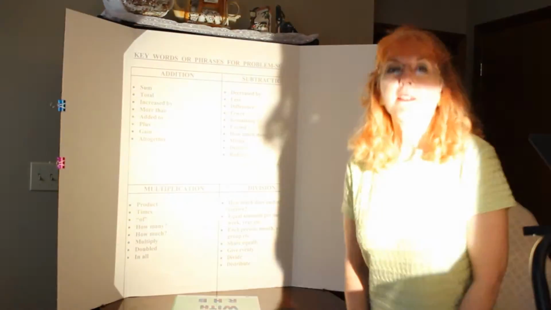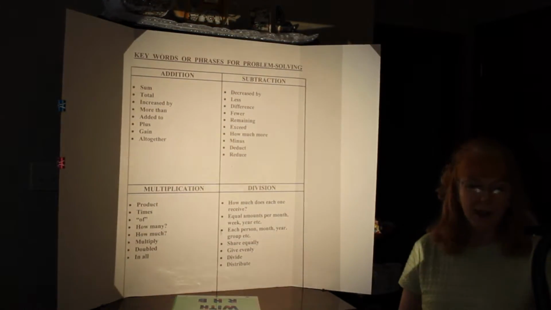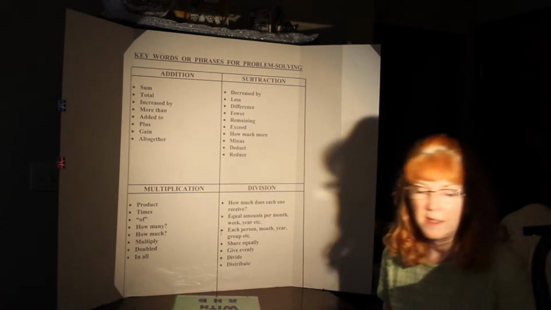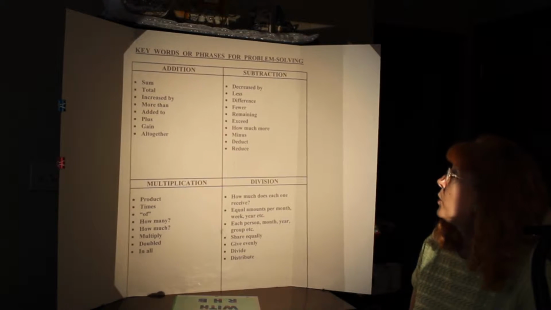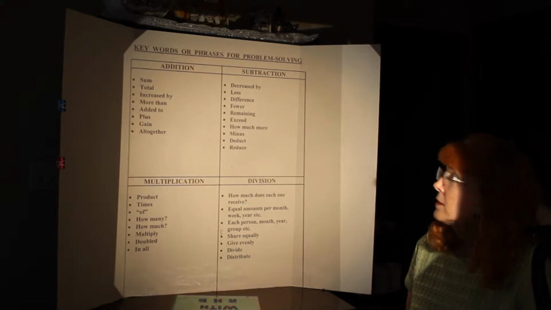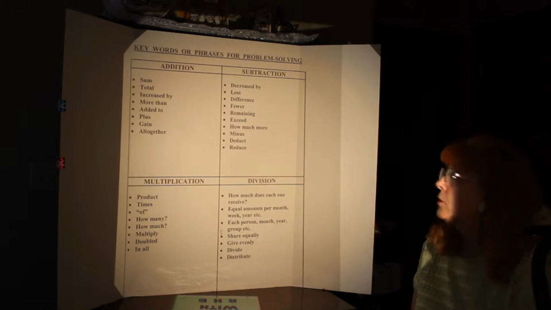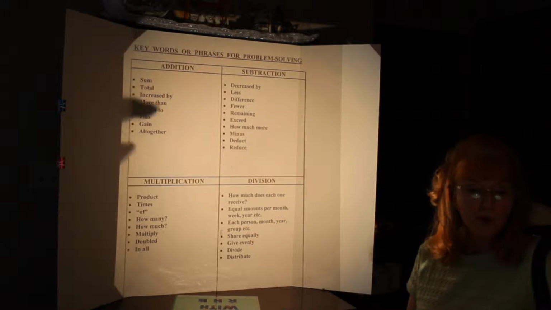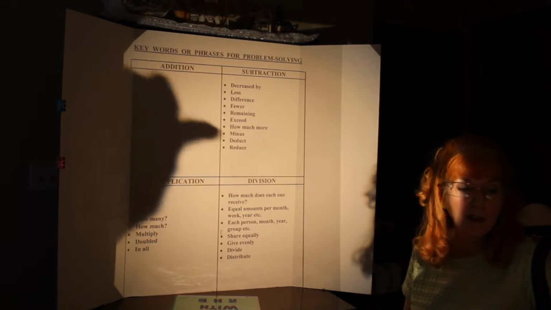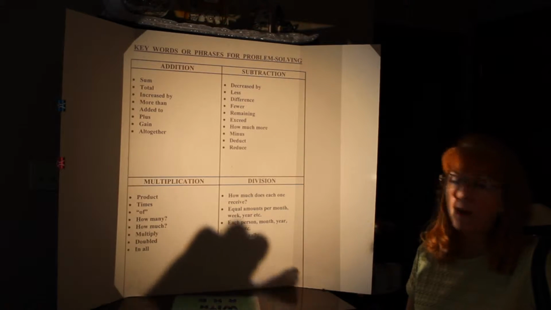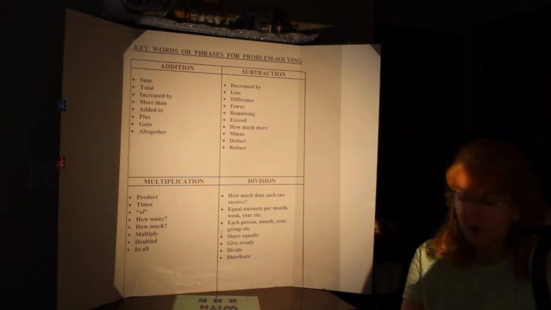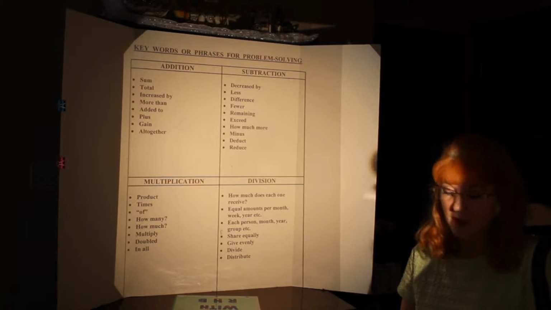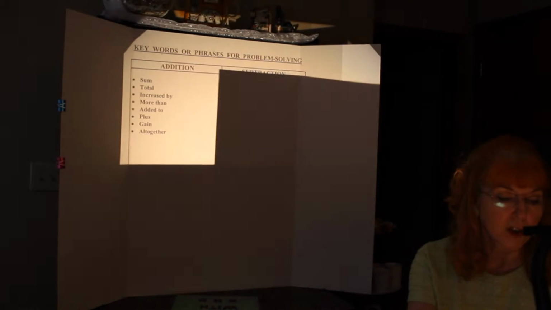The whole chart to start with says keywords or phrases for problem solving. So I've got 4 corners here: add, subtract, multiply, divide. All right. We're going to look just at addition to start with.